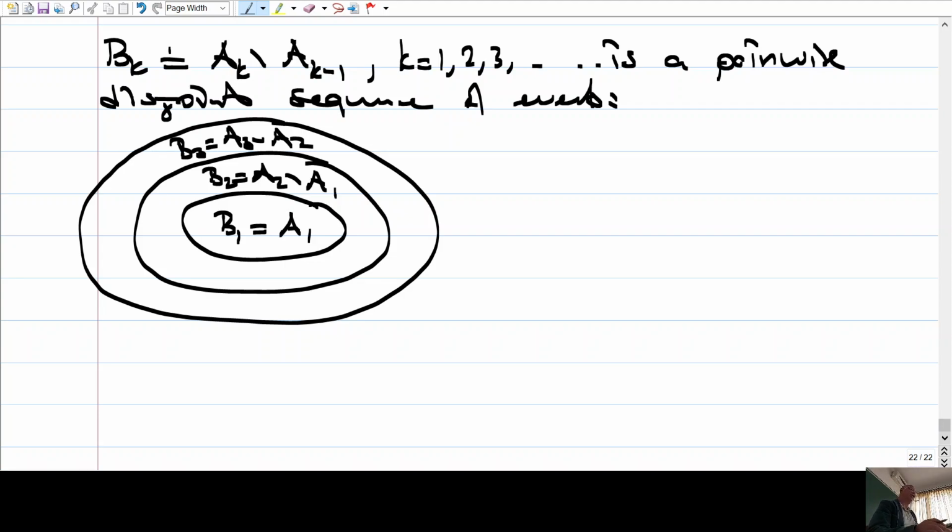Since they are disjoint, their measures add up, right?